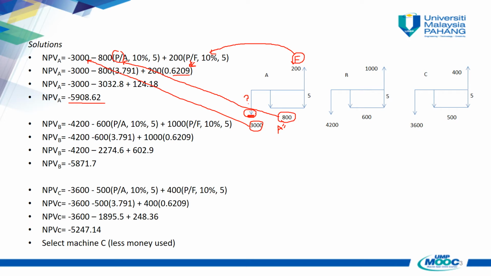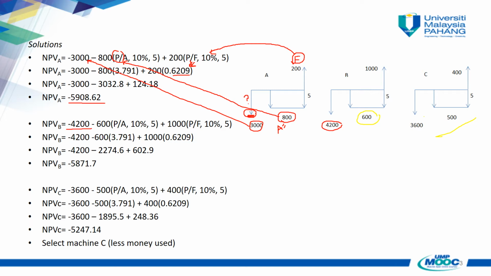Let's see the second one, the NPV or present worth for machinery B. We buy at present day 4,200, no problem. And then there is the 600 per annum operating cost.